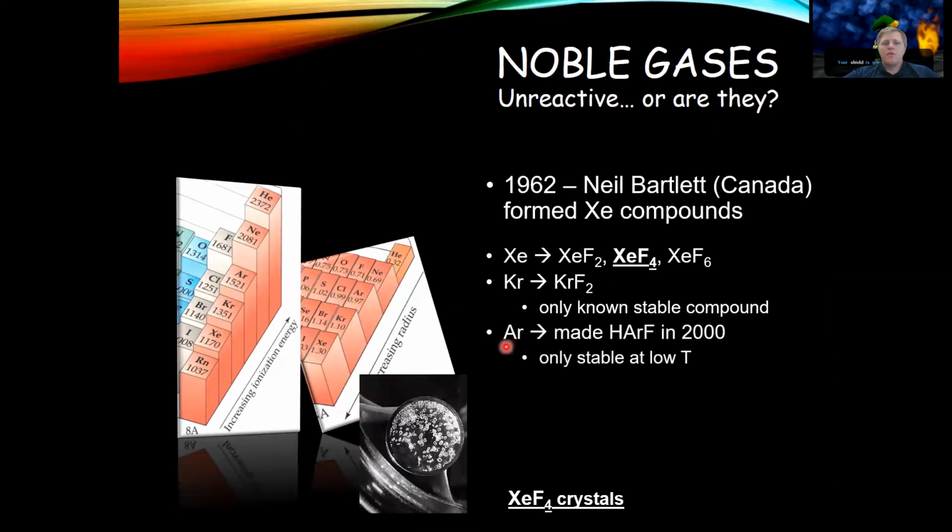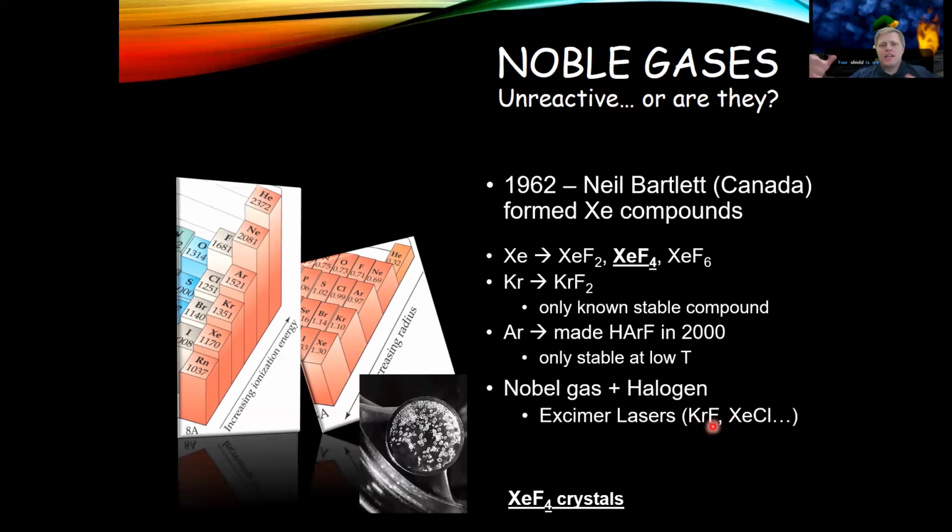And argon was eventually made in 2000 to form this compound, HArF. That's not really what anybody calls it. Kind of looks like a sandwich. This is only stable at low temperatures. And actually, I'll have to revise my statement here about the KrF2. You can actually also get KrF.